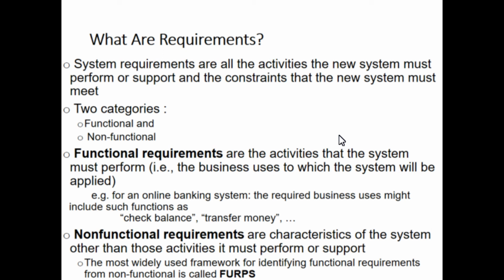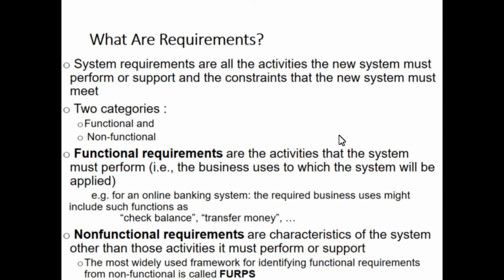There are two categories of system requirements: first, functional requirements, and second, non-functional. Functional requirements are the activities that the system must perform, that is, business uses to which the system will be applied. When we say business uses, it is specific to that business domain.